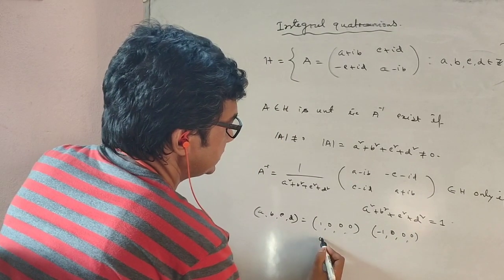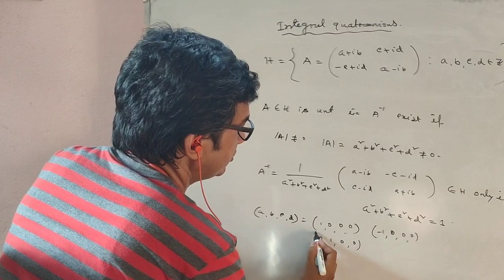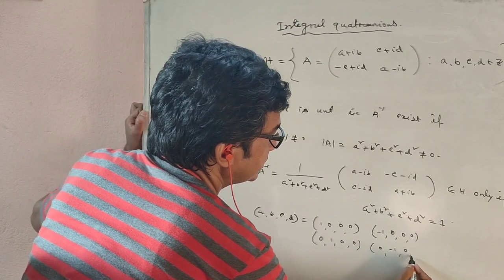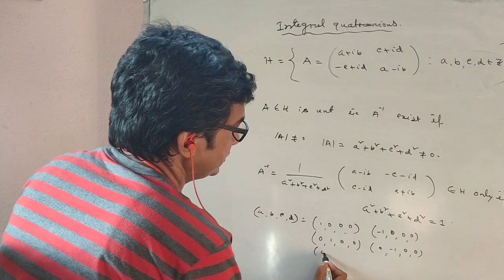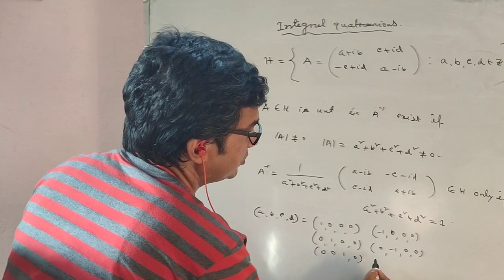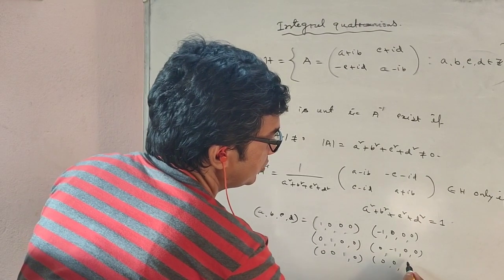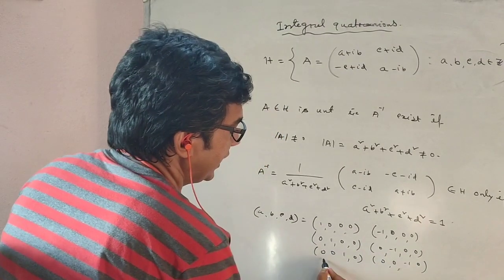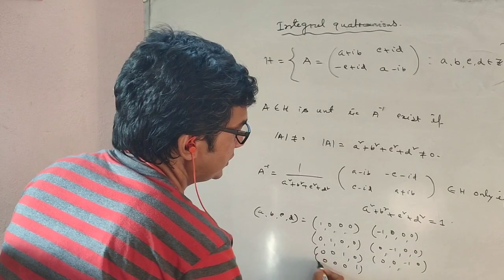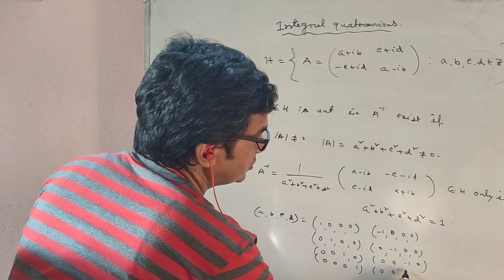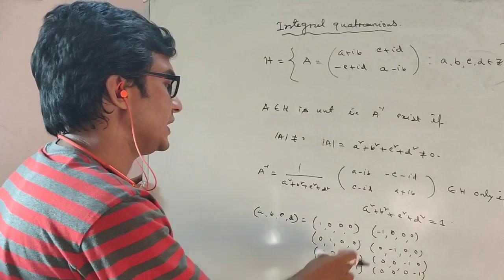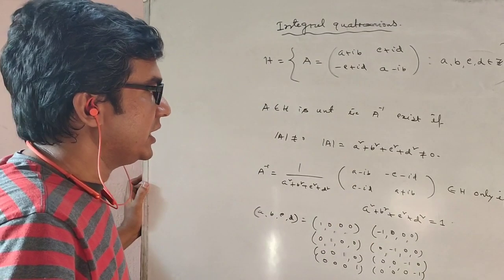Third case 0, 1, 0, 0, 0, minus 1, 0, 0, 0, 0, 1, 0, 0, 0, minus 1, 0, and 0, 0, 0, 1, 0, 0, 0, minus 1.